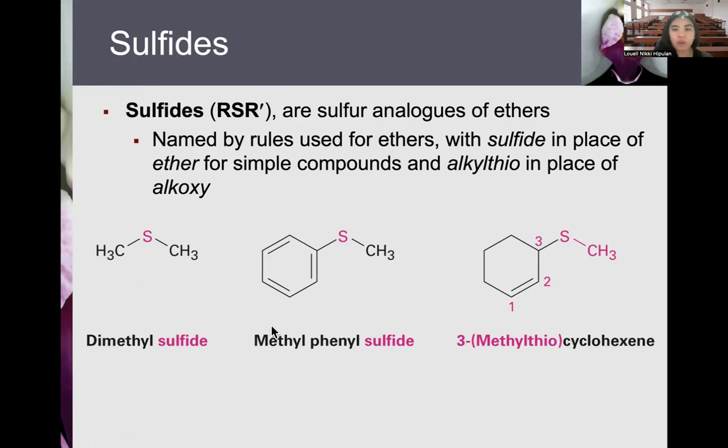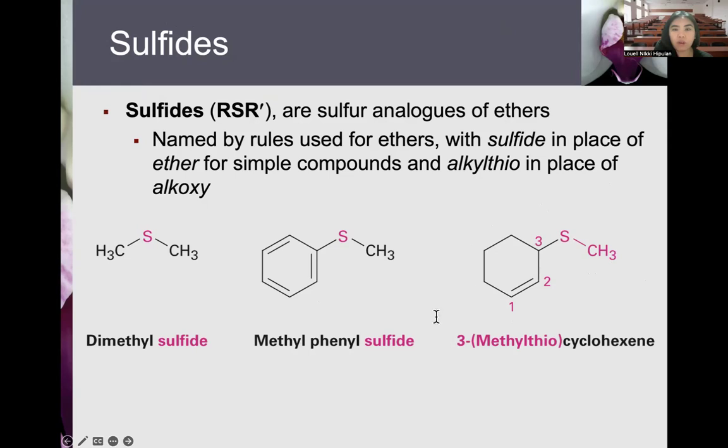Here you have a phenyl group and a methyl group. Alphabetically, methyl comes first. So, methyl phenyl sulfide. Now, if you have two functional groups, here a sulfide and there an alkene, the alkene should be the main character. The sulfide here is just a substituent.